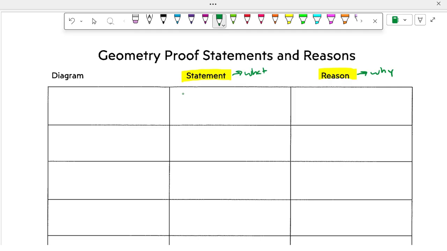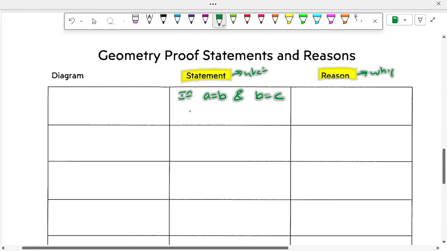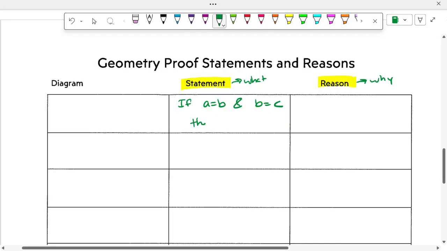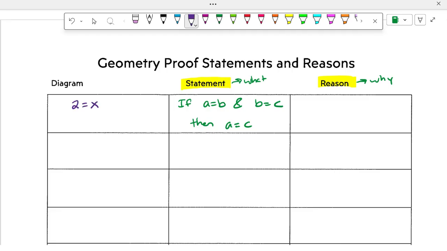So the first one, if you have A equals B and you have B equals C, then A equals C. So that probably seems like a lot, but let's look at it this way. Let's say that 2 equals x. All right, so we know that 2 is equal to x. We also know that x is equal to y.